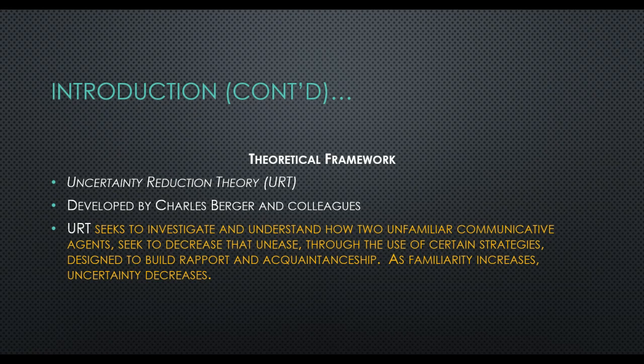And in that sense, people that feel uncertainty but have to engage with the other person use various means and strategies to acquire information, to build rapport, to better understand and connect with the other person. And as that happens, affection or affiliation increases. As that increases, uncertainty decreases, and therefore the need for more information also subsides.